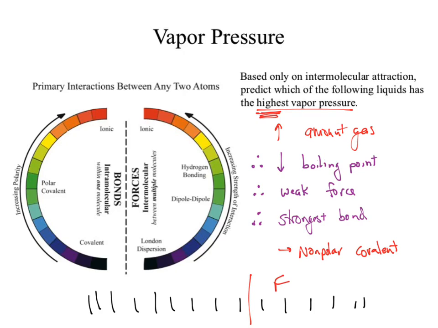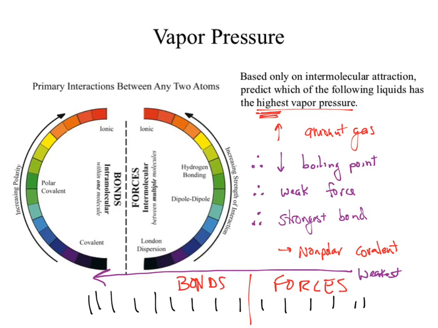Halfway in between, we have a delineation between forces and bonds as a spectrum along the bottom. And what's happening is we increase the strength of the attraction to the left. The furthest to the left we are, the strongest attractive force we have between those atoms. The furthest to the right, the weakest.